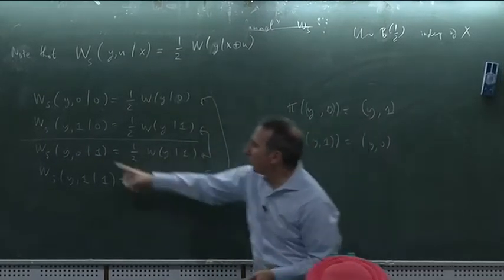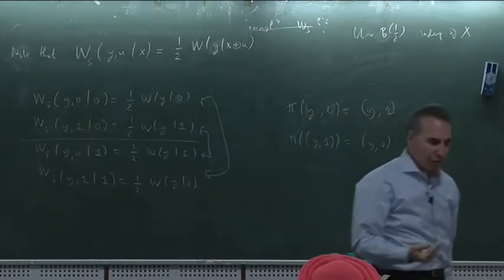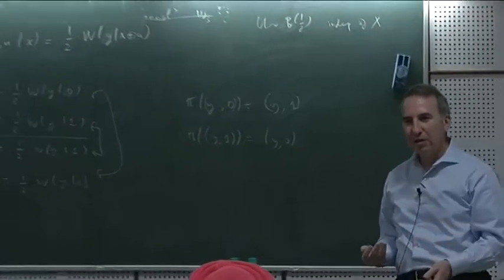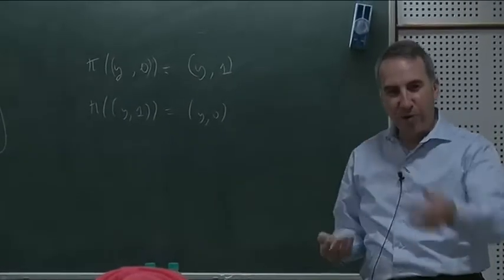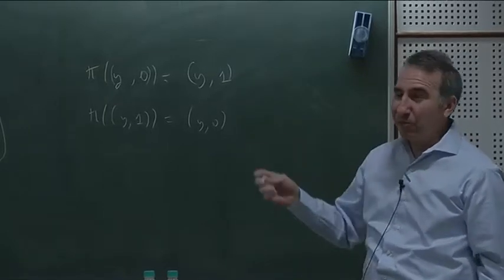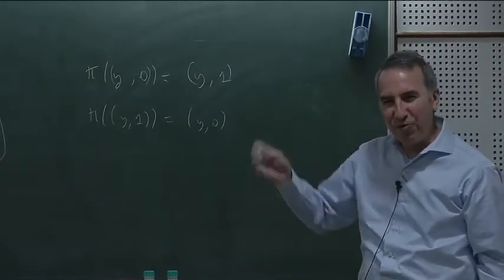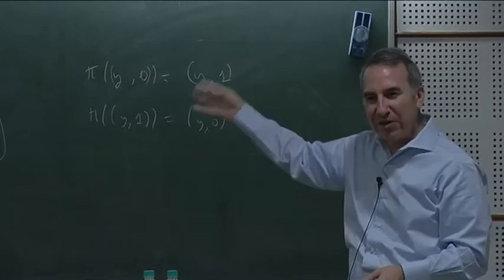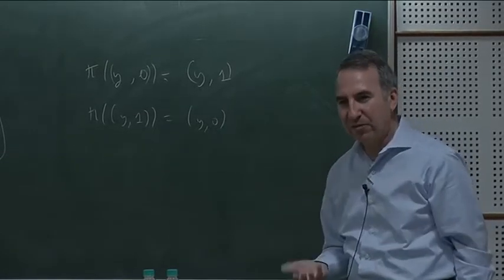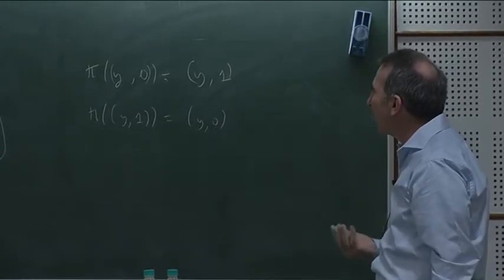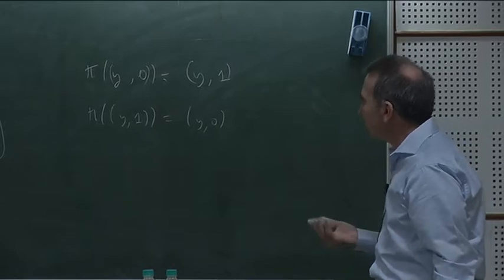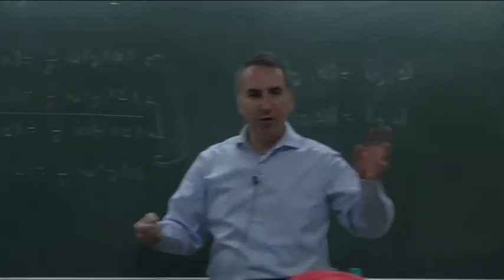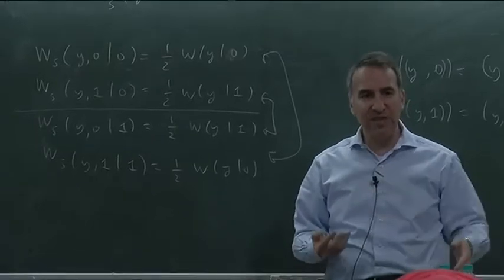And these two are equal. Essentially, if you swap the y1s with the y0s at the output, and at the input you swap the 0 and the 1, you get the same channel back. So W_S is symmetric.